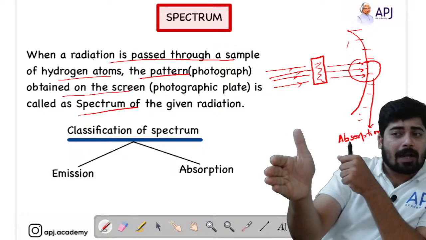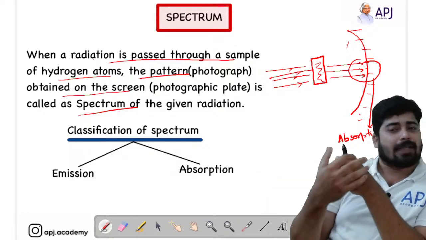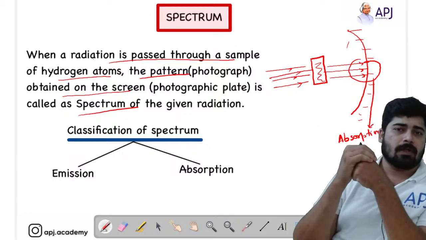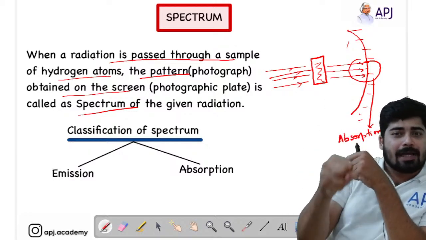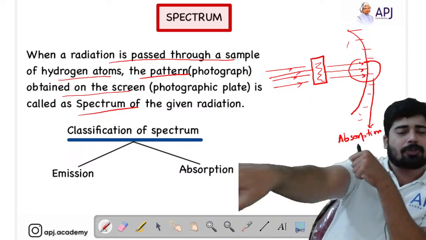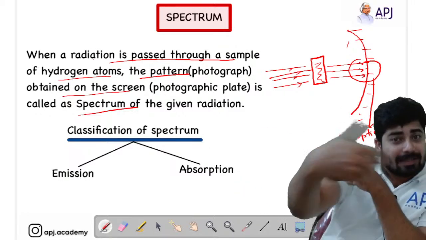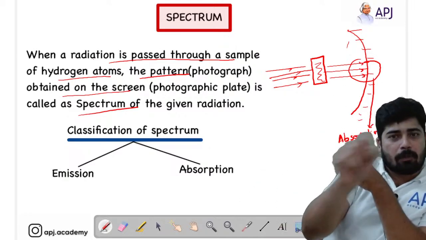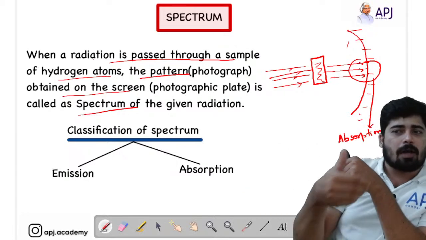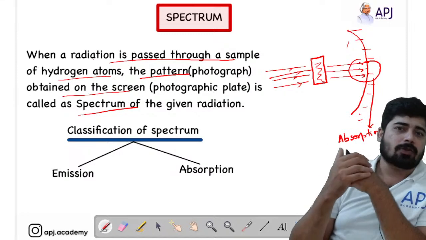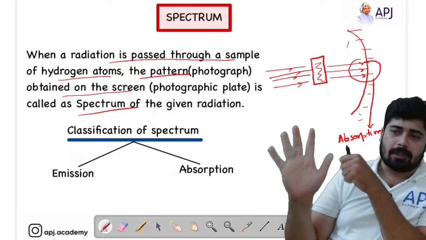That photographic plate is now showing us the absorption spectrum, not the emission spectrum. That means the energy absorbed by the hydrogen atom, the similar energy has passed through it, so it does not absorb the same energy again. So we obtained a photographic plate with a pattern, and that pattern is called the absorption spectrum.